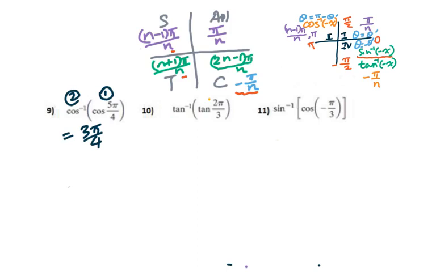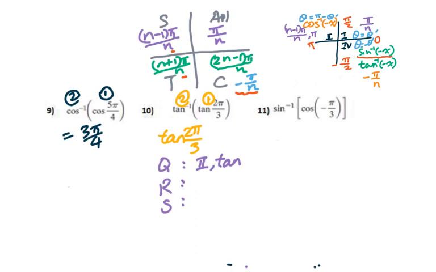Now let's go to number 10. We have to do inside first, then go to outside. For inside, we're working on tangent 2 pi over 3. So we go to QRS. 2 pi over 3 is an n minus 1 pi over n pattern. Let's go to the second quadrant. I'm doing the tangent.